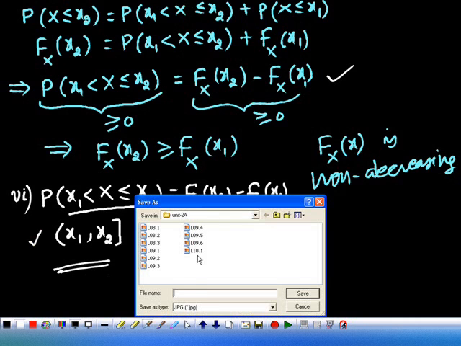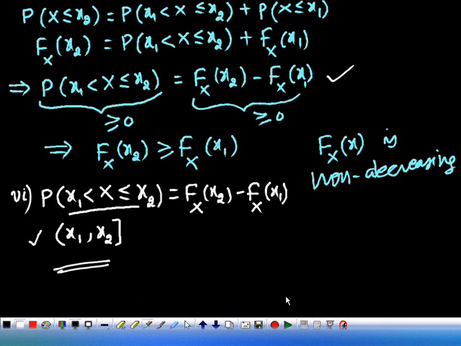Now let us represent the CDF in terms of unit step functions for a discrete random variable. So let us assume this x is a discrete random variable and it is taking the values x1, x2 and so on, xn.